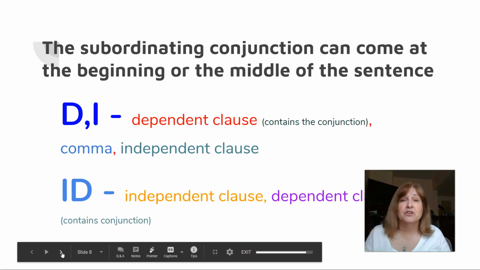Oh, I'm looking at two different ideas here. But remember, you can still have an independent clause and a dependent clause without any punctuation separating the two if the subordinate comes second, in the second half. Okay, so those are just some tricks to help you identify what kinds of sentences you're looking at.